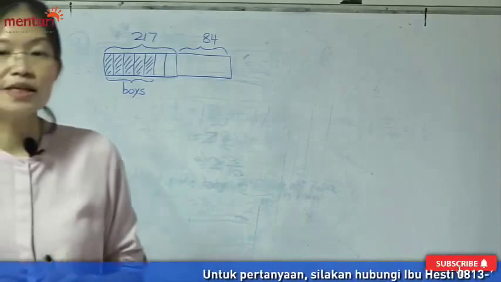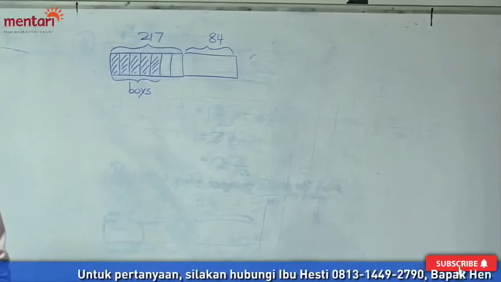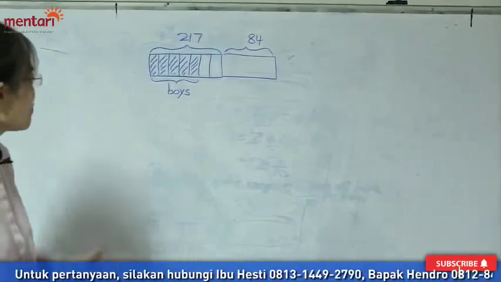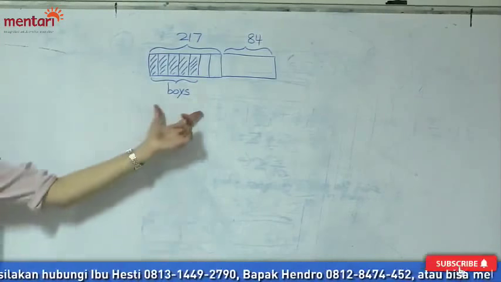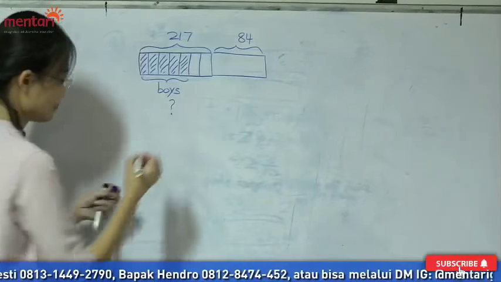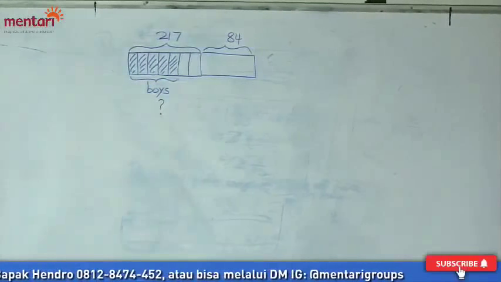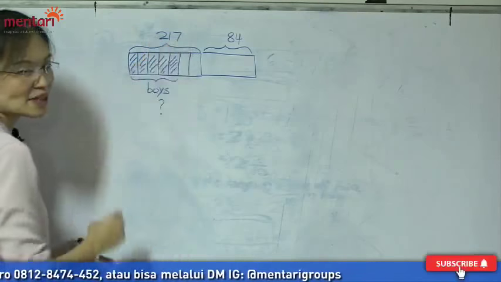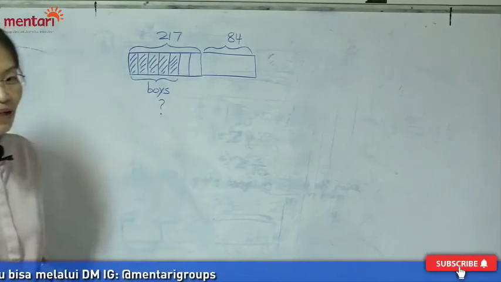So the question is, how many boys are there in the library? Can you tell me? If you look at the bar model, what are you going to do to find the number of boys here? 217 makes how many parts? 7 parts.